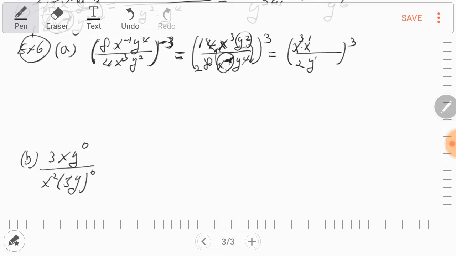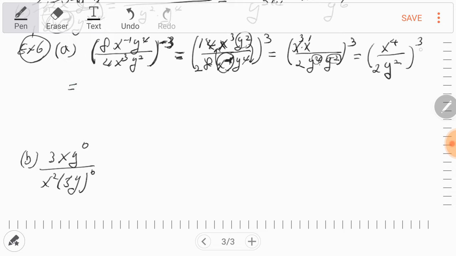Then y to the 4th power times y to the negative 2 power. Then this is equal to, the numerator is x to the 3 plus 1, where 3 plus 1 is 4. How about the denominator? 2 times y to the 4 minus 2 is 2, all cubed.